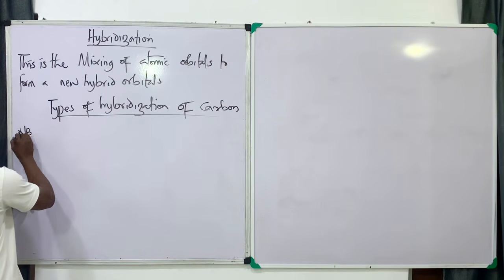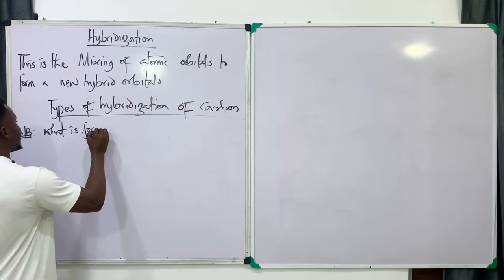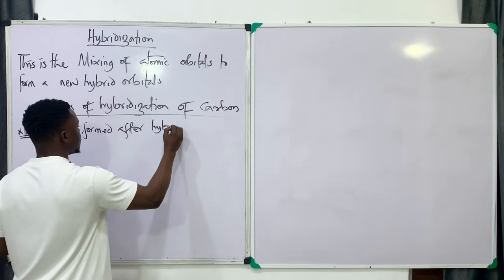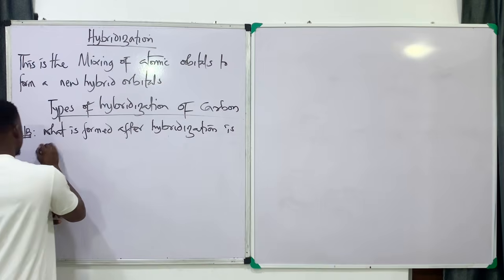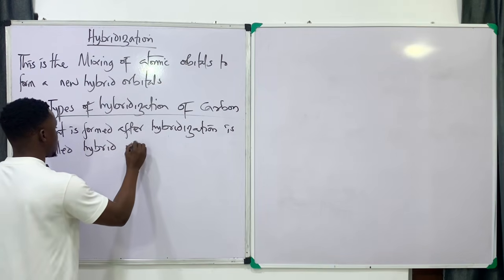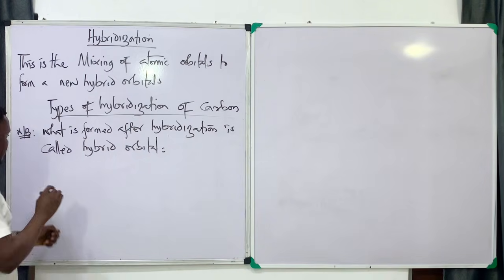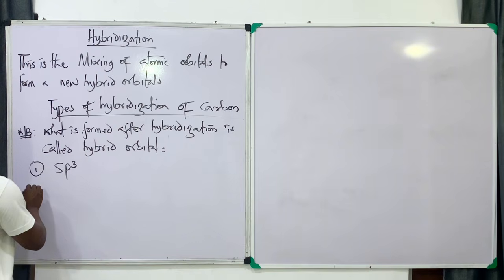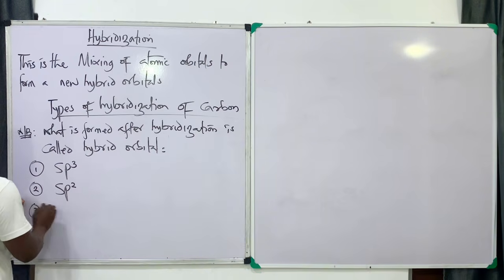Note, what is formed after hybridization is called hybrid orbitals. So we have three of them. We have the first one, sp3 hybrid orbital. We have the next one, sp2.